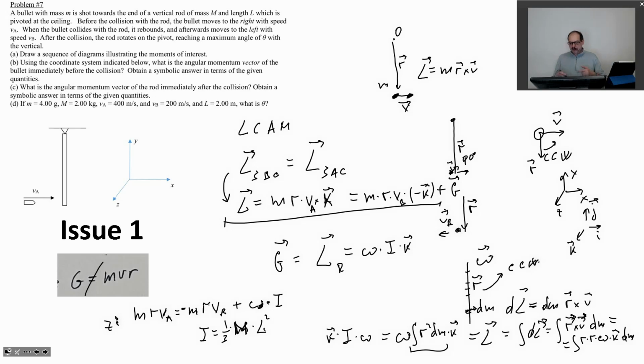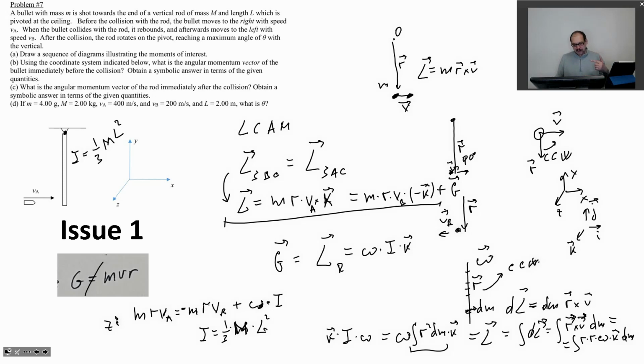If it were spinning about the middle point, it would be 1/12, but because it spins about a different axis, at the end, the inertia is shifted by the parallel axis theorem. So this is how you do that part.